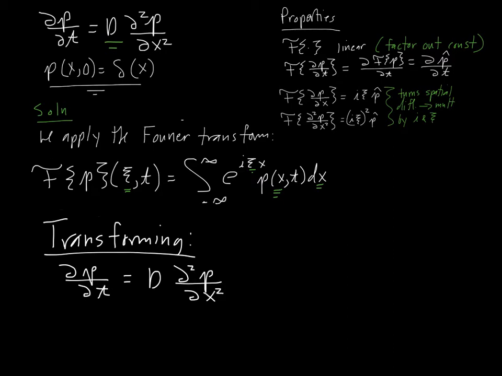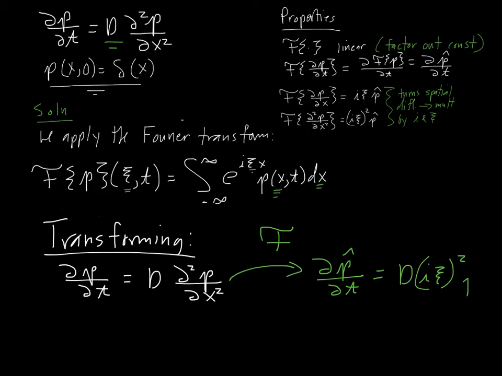If we Fourier transform both sides of this and pull out the constant D, we're going to have d p hat/dt is equal to D, and then we're going to have (ic) squared p hat.